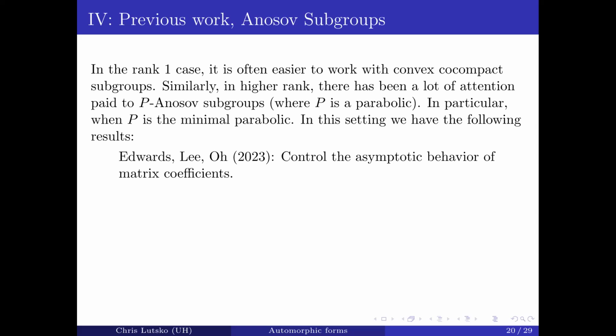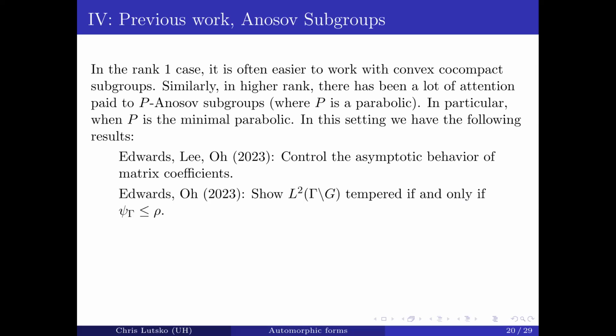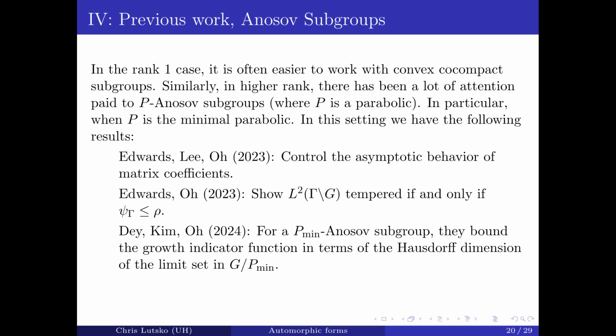So in this context, for P and Nossoff subgroups, Edwards, Lee, and O were able to control the asymptotic behavior of matrix coefficients. Edwards and O proved the temperedness statement for P and Nossoff subgroups, and then Day, Kim, and O were able to get this relationship between the growth indicator function and the Hausdorff dimension of the limit set for the minimum parabolic, and now you can generalize that to more general parabolic subgroups.